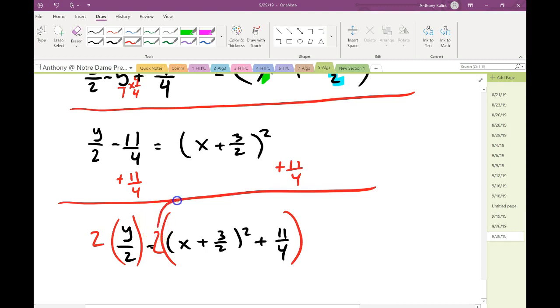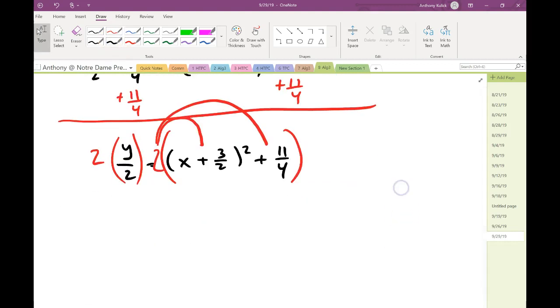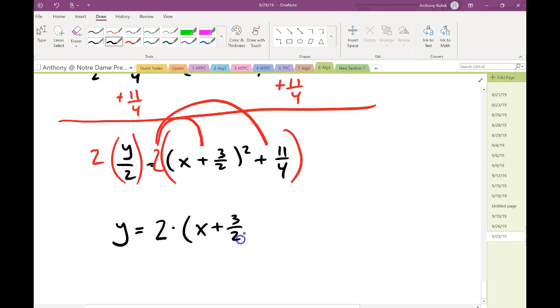So on the right-hand side, that 2 distributes. Can I multiply that 2 inside of the parentheses there? Important question. No. And the reason I can't is because if I did, I'd be violating the order of operations, because I have this exponent outside the parenthesis.